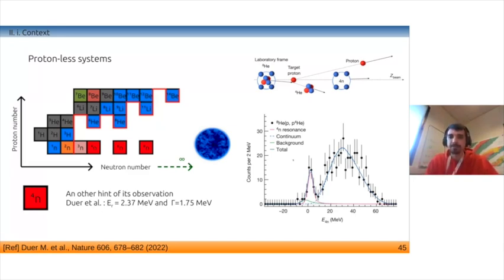This system has been studied by theorists, and there is in fact still a huge discrepancy between experiment and theory about the 4 neutrons, and that's why we push the hints further.